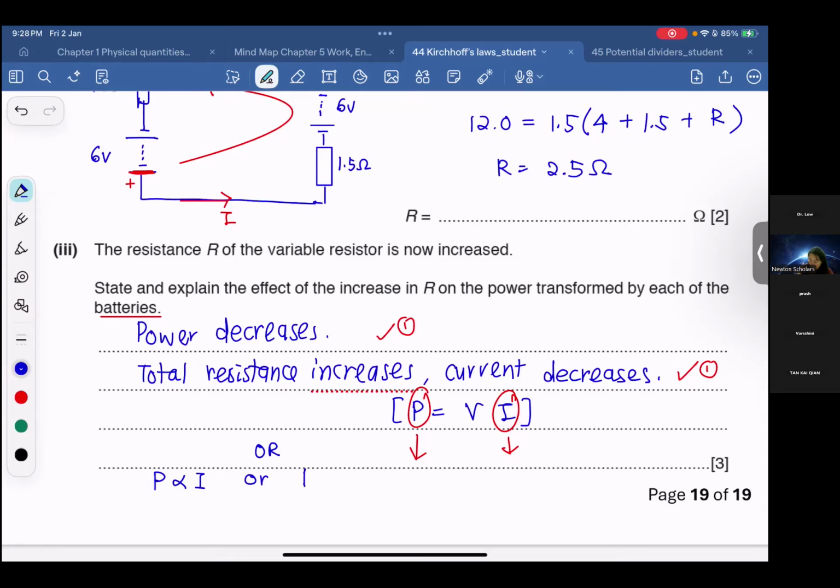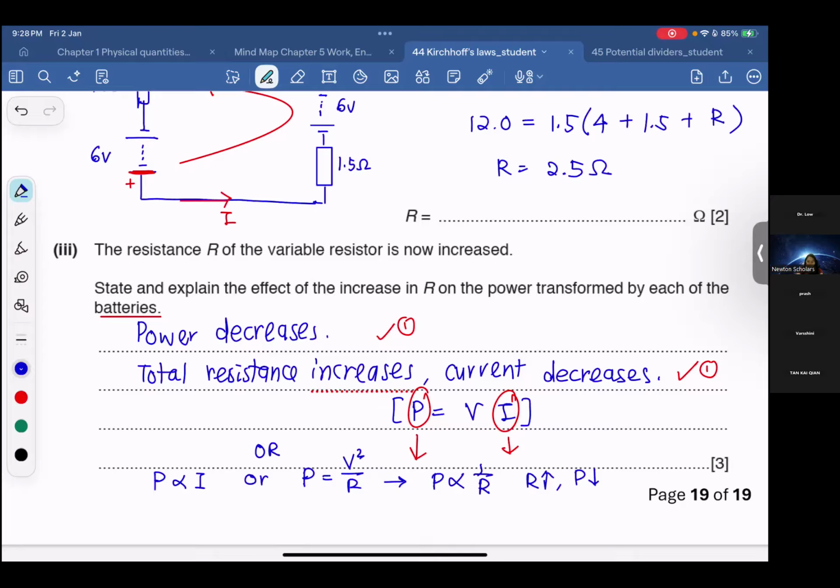Or they use the formula V squared over R. So actually power is directly proportional to 1 over R. So when your R increases, then your P should decrease. Actually it's the same. You can use whatever power formula.